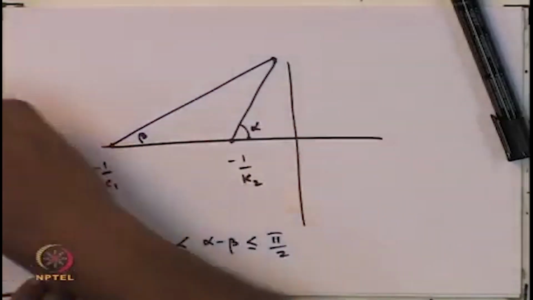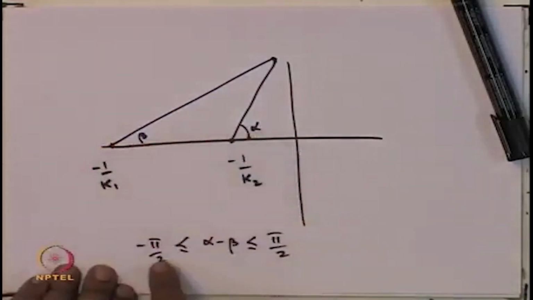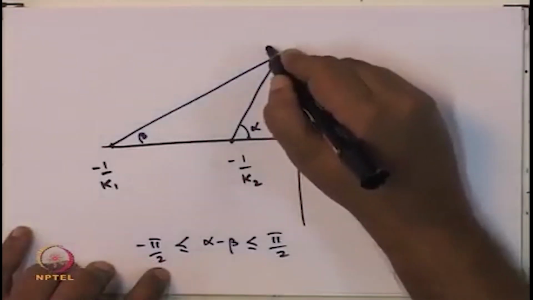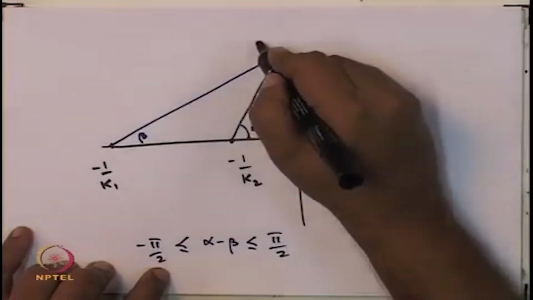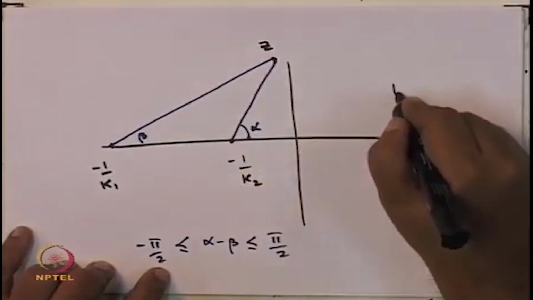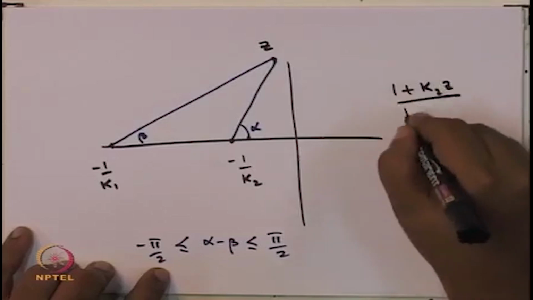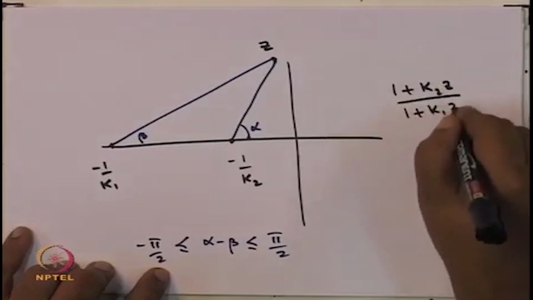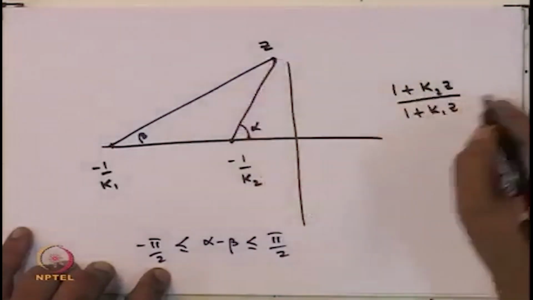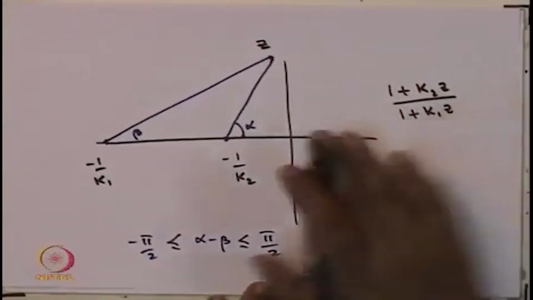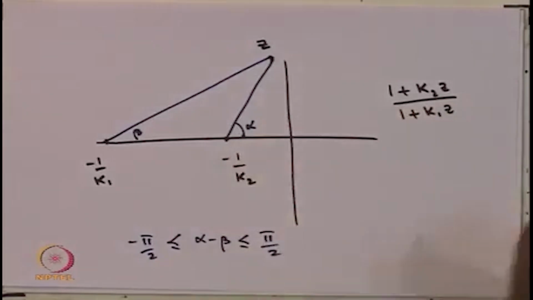And this guarantees, if alpha minus beta is in this range, that this point z, so suppose I call this point z, then it guarantees that 1 plus k 2 z upon 1 plus k 1 z, the point to which z will map under this bilinear transformation, lies in the right half plane. Okay.